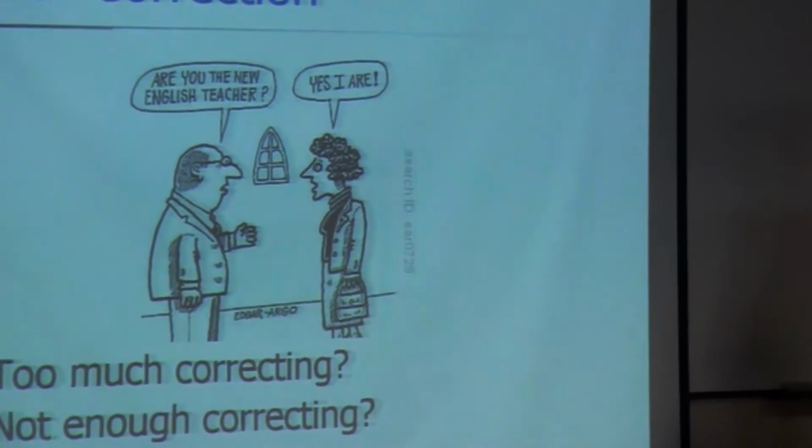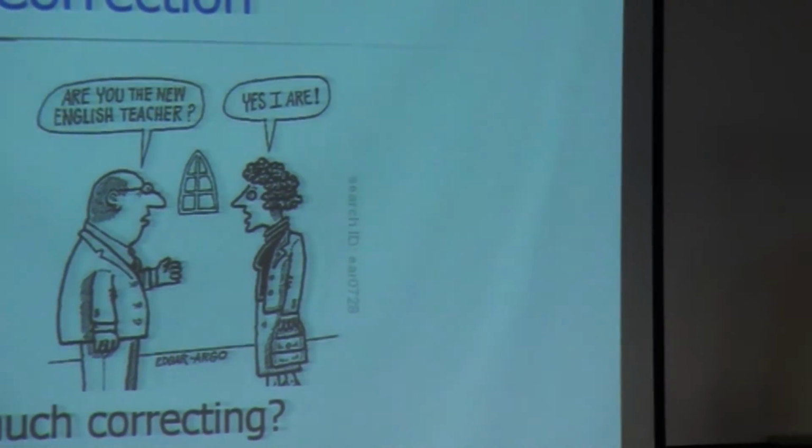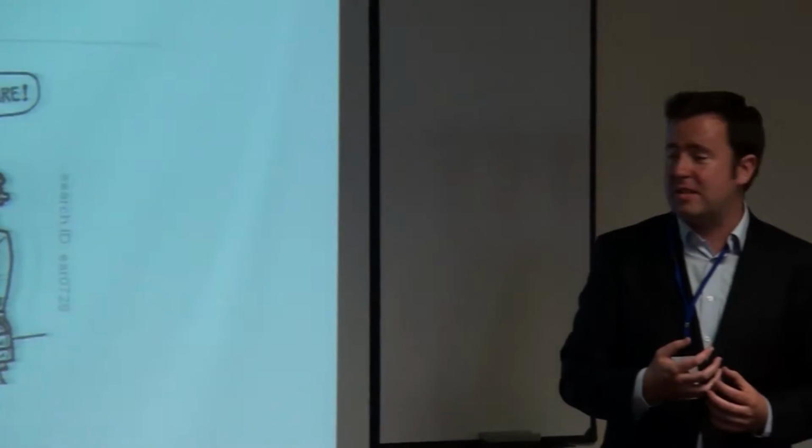Some people are just much more susceptible to being corrected than others, and then other students might feel that their teacher doesn't correct enough, because of course with language teaching we need to have an element of free practice as well, which is the way the language is used in a natural way.